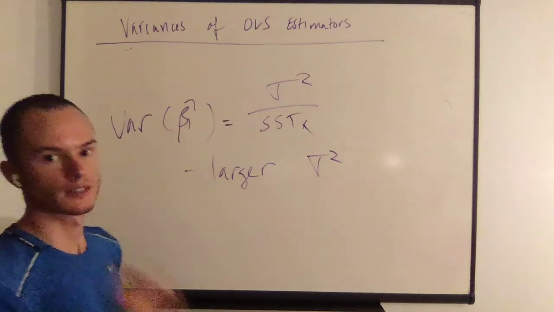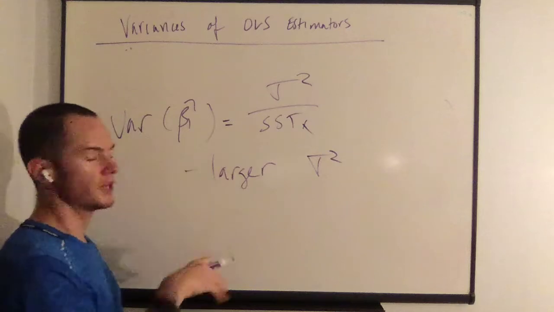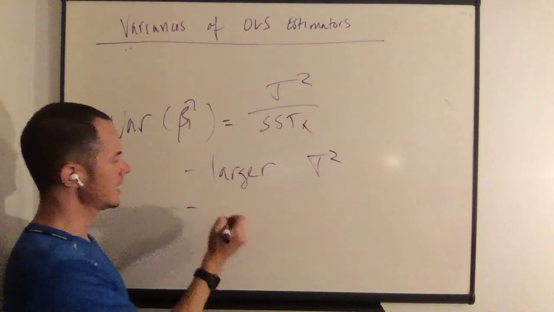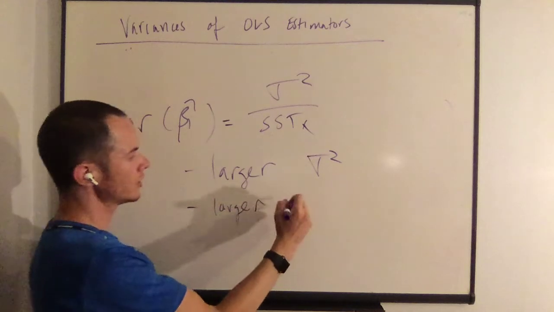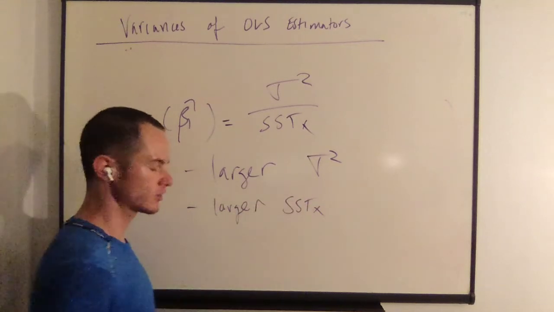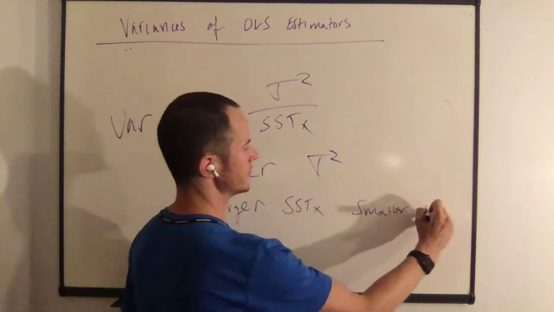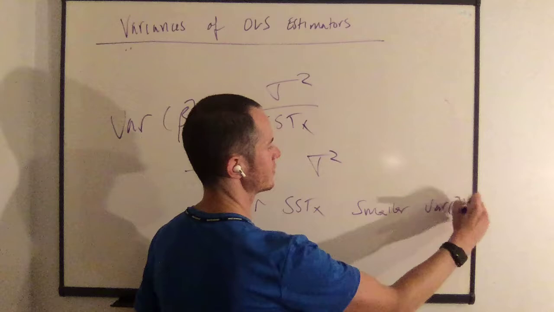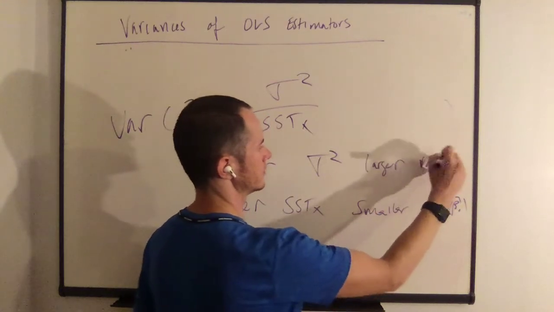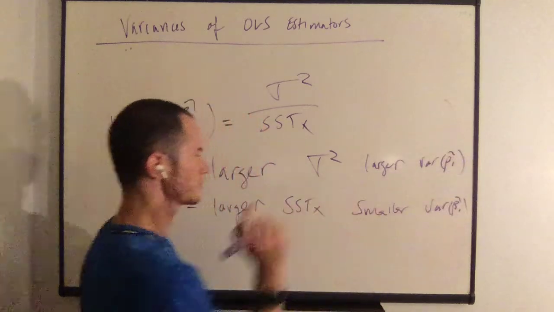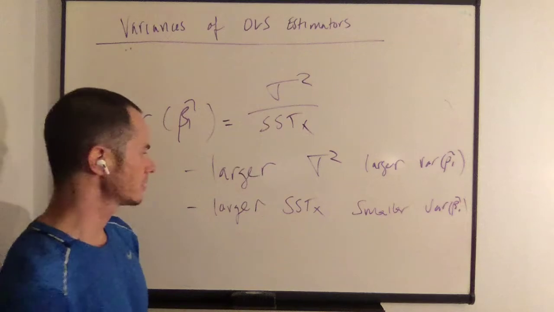So the farther we can expect the estimate to be from the true value. Next, the larger the total sum of squares of x, the smaller the variance of beta 1 hat. You have a larger number in the denominator, so the ratio becomes smaller.